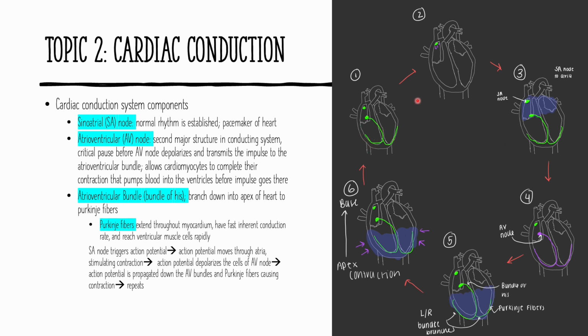So now looking at the process of how this impulse travels. We have our SA node here. Once this sends out that signal, it's going to, I forgot to draw it here, but it will contract, send out that signal to the upper part of the atrium, and then this will cause the AV node to receive that signal, and that will then allow that impulse to travel down into the bundle.